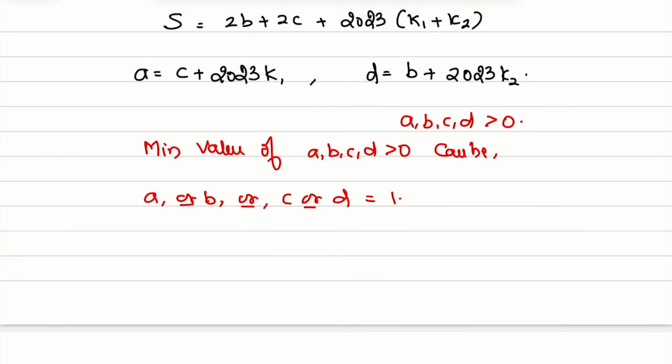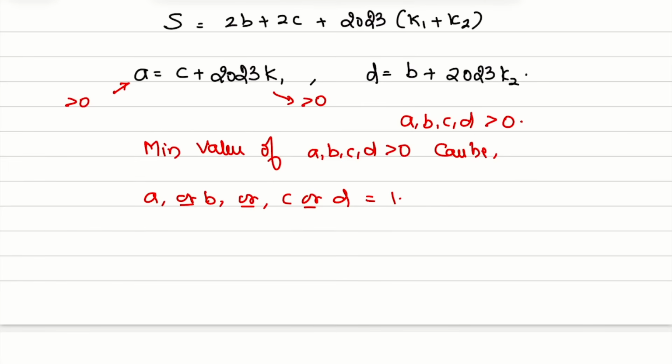A should be greater than 0. That implies K1 should be greater than 0. K1 cannot be negative. If K1 is negative, what happens?